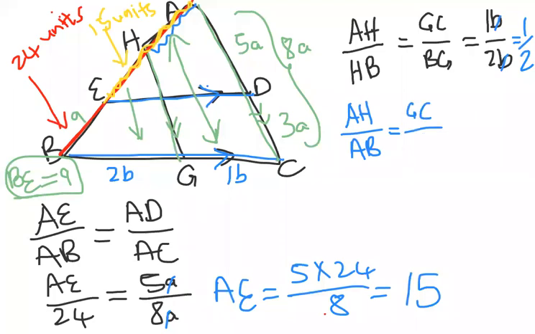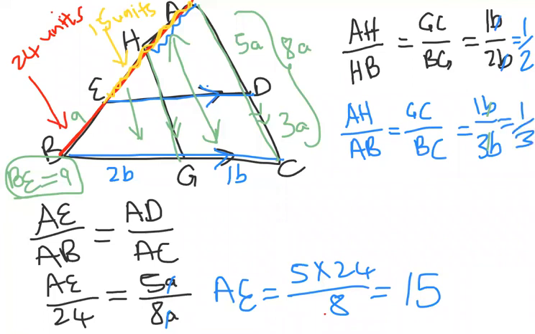So that's GC divided by BC. Because keep in mind, we're still dividing with these two parallel lines. So AH is opposite the GC, there you can see, and AB, the big line, is opposite BC. AB opposite BC. So GC is 1B, BG is 2B, so both of that together is 3B. So BC is 3B, and GC is 1B. And as you can see, the two B's cancel out, and the answer is just 1/3.